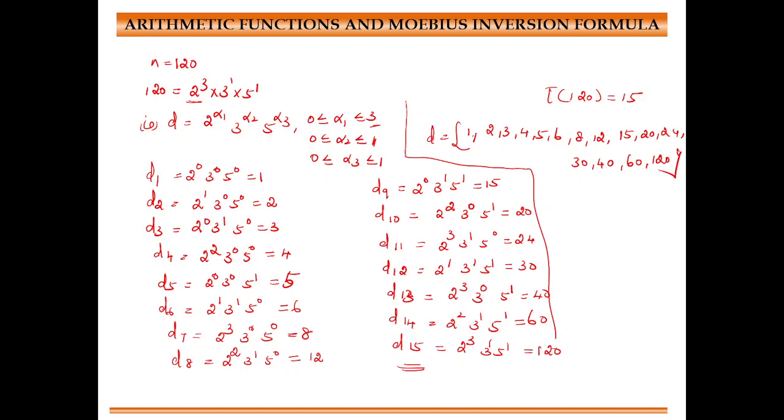It is clear that if n is greater than 1 and we have its prime factorization, then the positive divisors d of n will also be in prime factorization form.